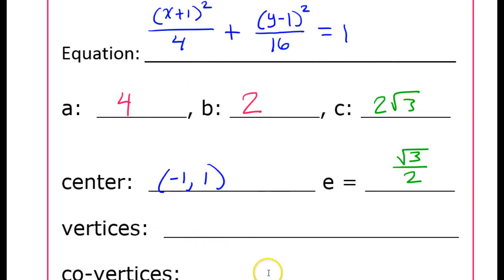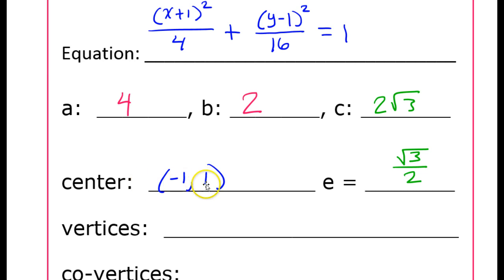To do that, I need to make a sketch. So let's see. Let me set up my y-axis and my x-axis. So the center is at -1, 1. Okay, so fine. -1, 1. So here is the center right there.